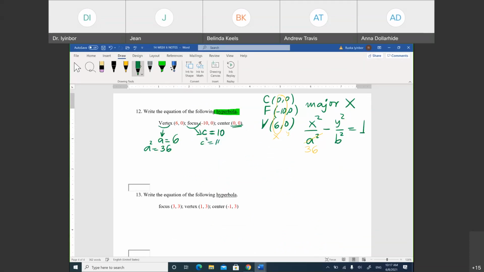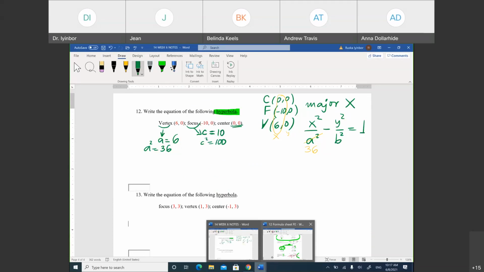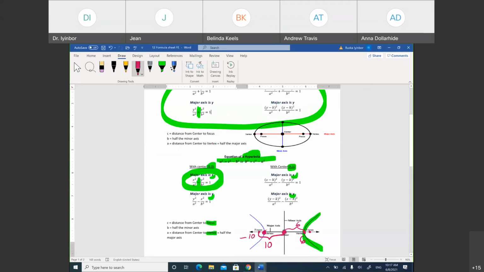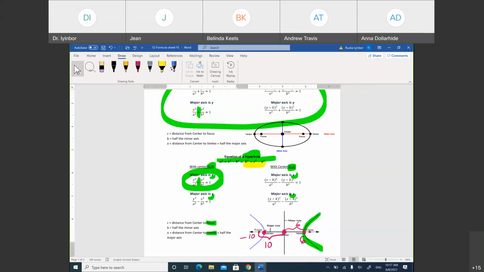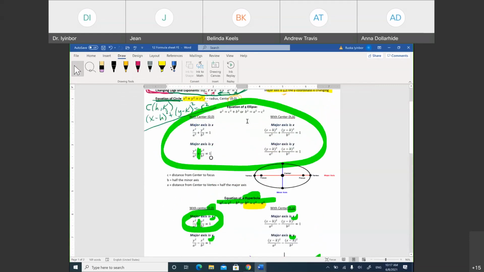I need to use the formula to find B. Because we're doing hyperbola right now, we're going to use this formula to find B, not the one for ellipse. There are different formulas for hyperbola, and the difference is a little one. For ellipse, B squared is A squared minus C squared. For hyperbola, it's C squared minus A squared.